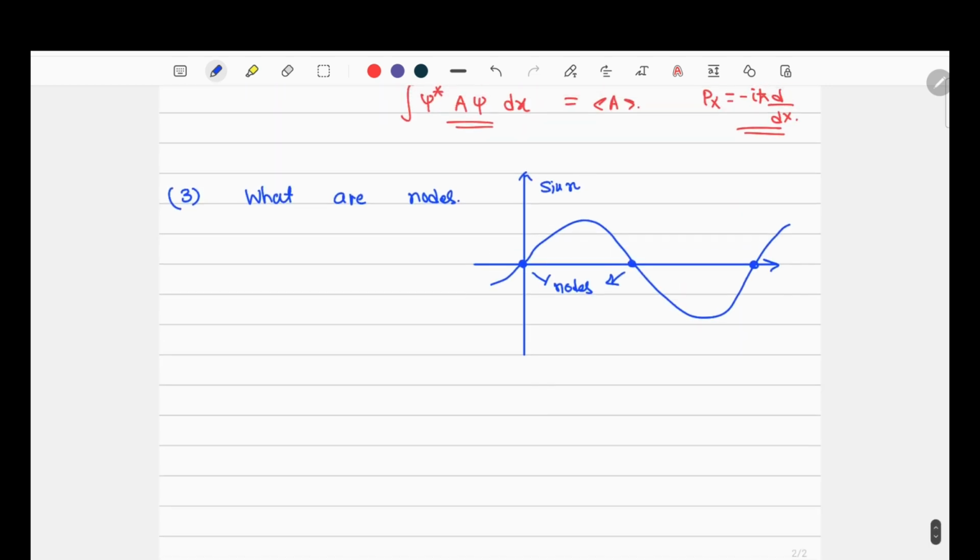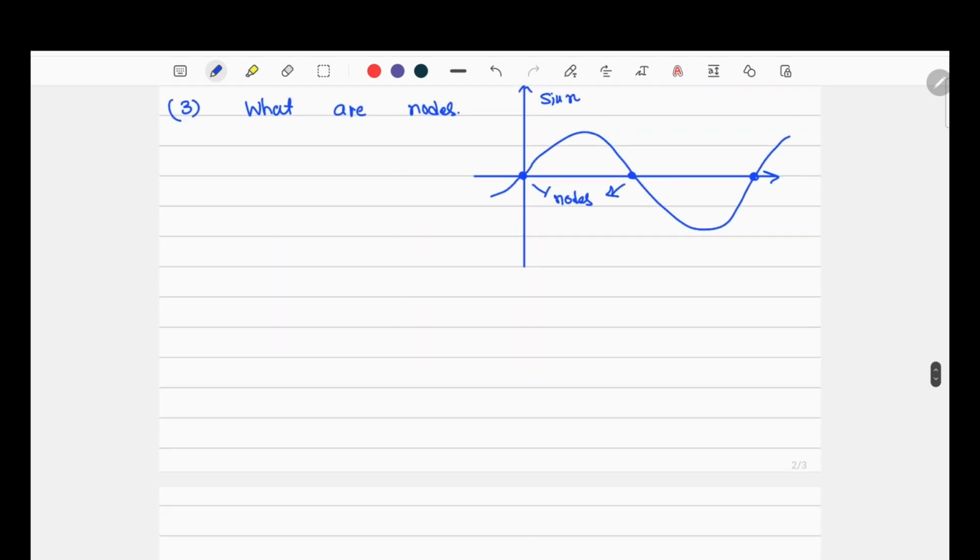Now you know that you have n, your quantum number. If this n starts from 0, corresponding to the ground state, then xi n will have n nodes.